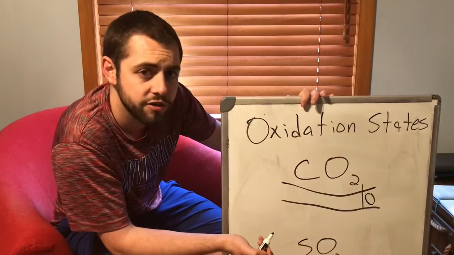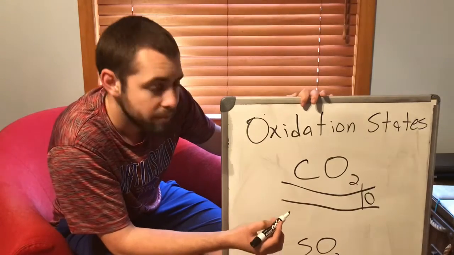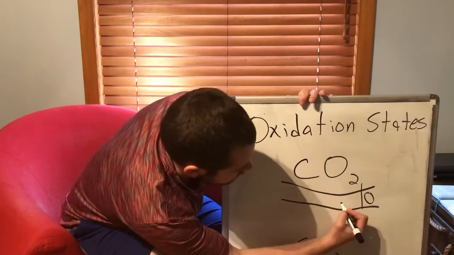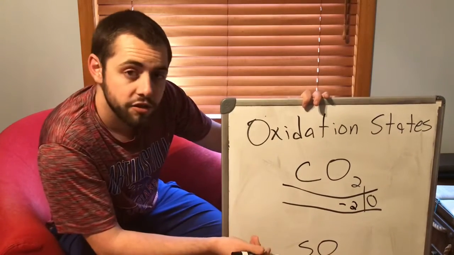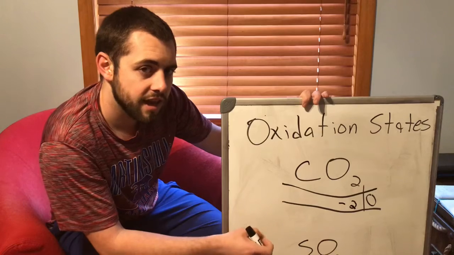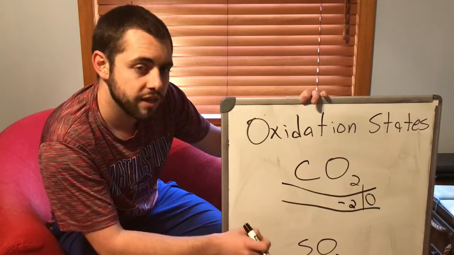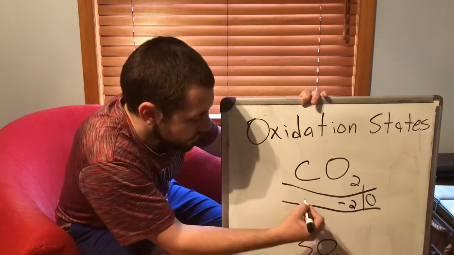And then I'm going to start using my oxidation state rules. I have a rule about oxygen. Oxygen will always be -2. If oxygen gets those 2 electrons, it'll fill its octet, it'll be very stable. Oxygen is electronegative enough to do this in almost all cases. Carbon is my variable this time.